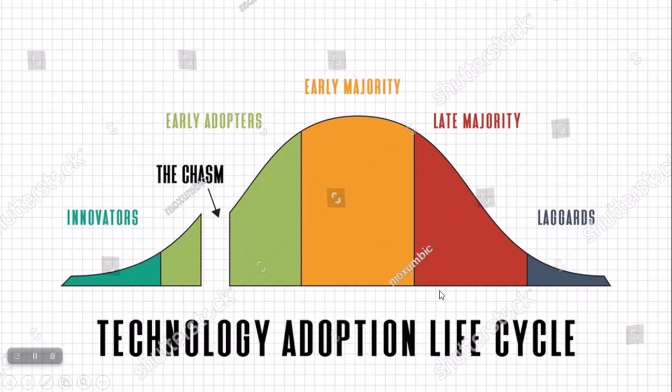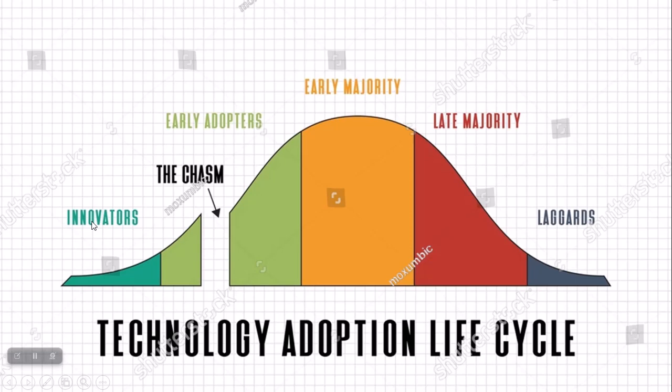Before we go to the change curve, let us understand the technology adoption life cycle. First is the innovator, then the chasm, then early adopters, early majority, late majority, and laggards.